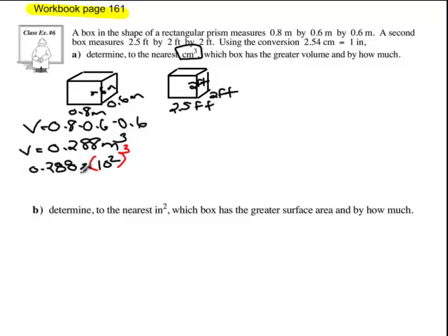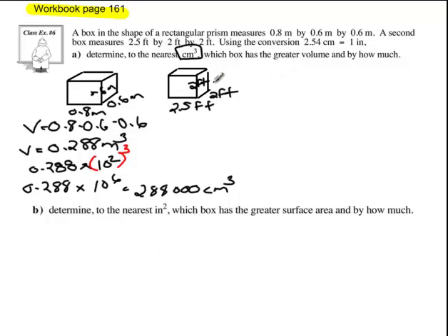So 0.288 times 10 to the 6th power. And what that gives me is 288,000 centimeters cubed. So that's the volume of the first box.